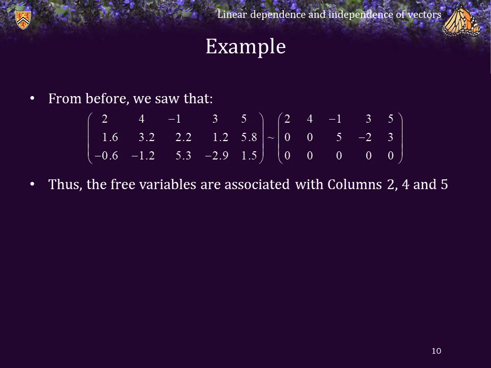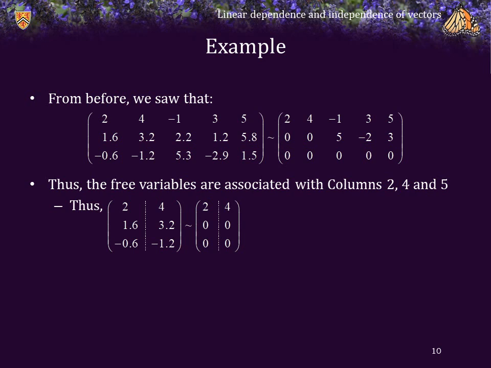Thus, there are 3 free variables associated with columns 3, 4, and 5. Now, if we focus only on the first 2 columns, so exclude columns 3, 4, and 5, note that the augmented matrix on the left is row equivalent to the augmented matrix on the right, and therefore there exists a unique solution.